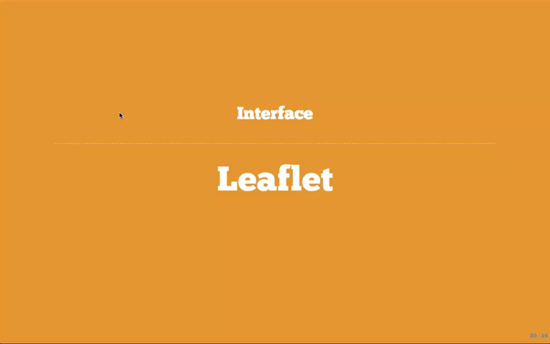Okay. Leaflet, quickly going through. Leaflet is another library that you can use to do mapping displays and everything. It's a little bit newer, and it's a lot more lean. It has a JavaScript API that's very similar to Google Maps, and it's definitely a lot easier to work with.